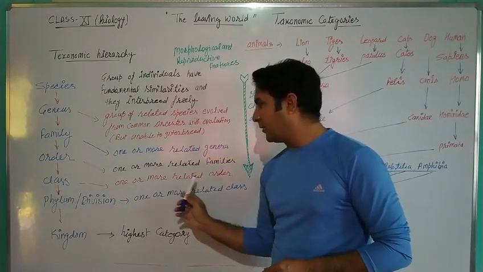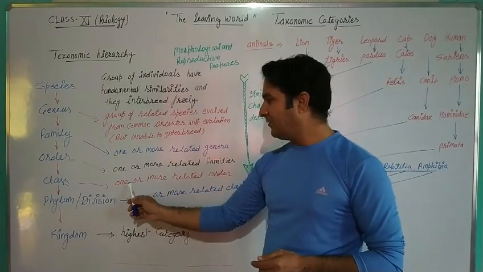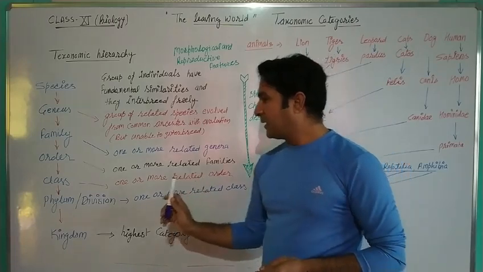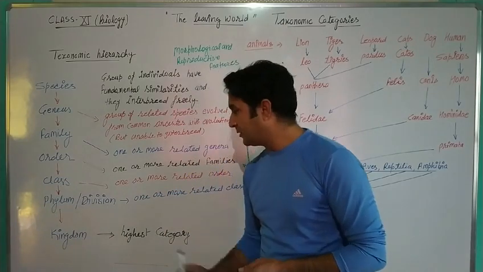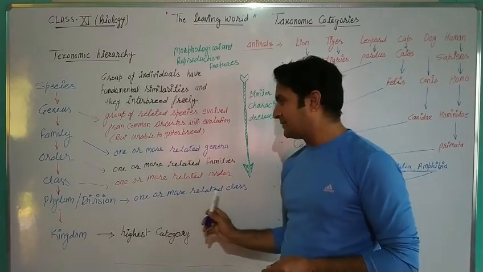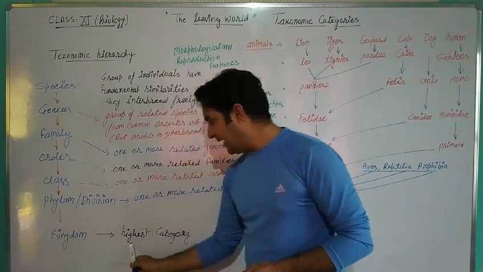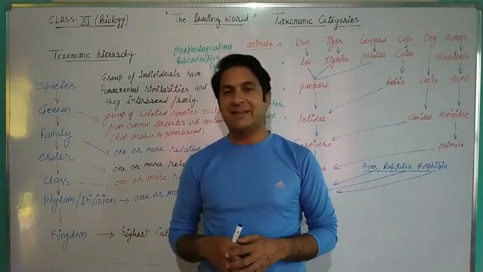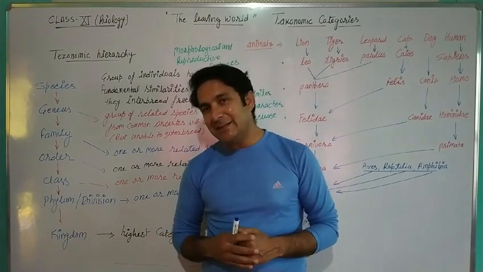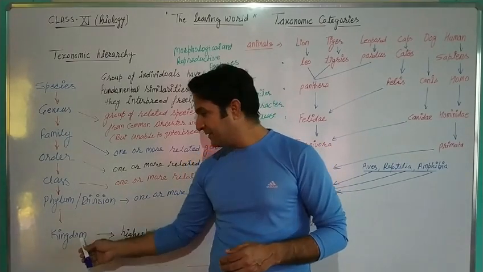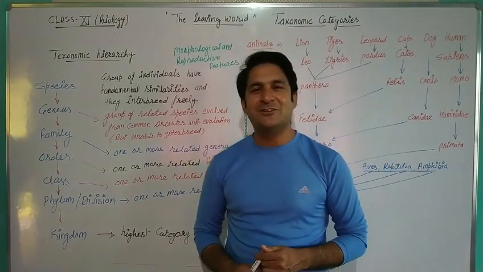One or more related orders, meaning similar orders come in one class. If we are talking about the phylum, one or more related classes come in one phylum. And kingdom, which is the highest category: in case of animals all the phyla, and in case of plants all the divisions, come in the kingdom. This is the highest category of the classification hierarchy.